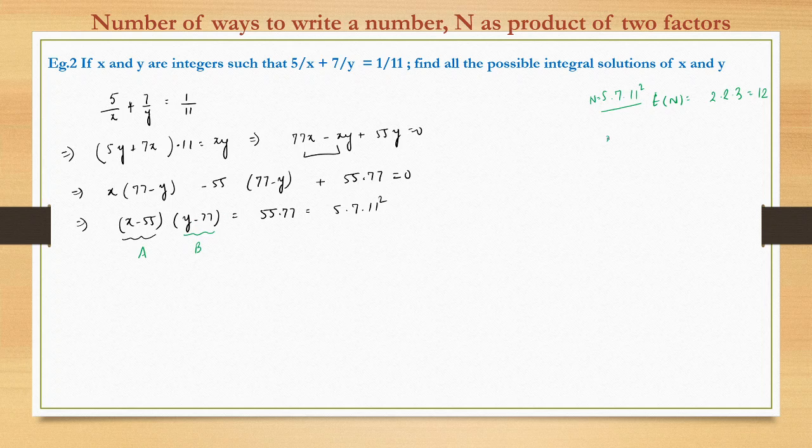So ordered pairs of a and b, integral, would be 2 times 12, which is equal to 24 values, right? So now it means a and b can have 24 values, and for every value of a there will be a value of x, and for every value of b there will be a value of y, right?